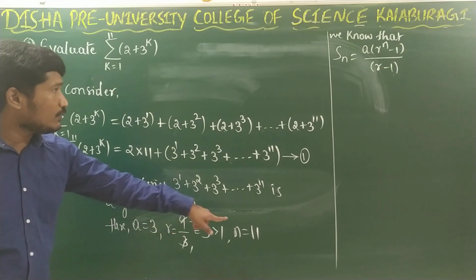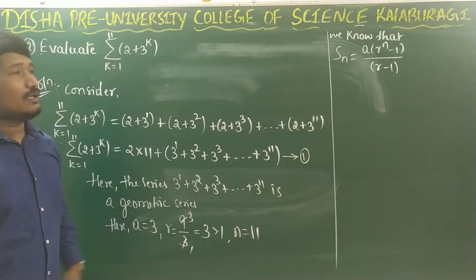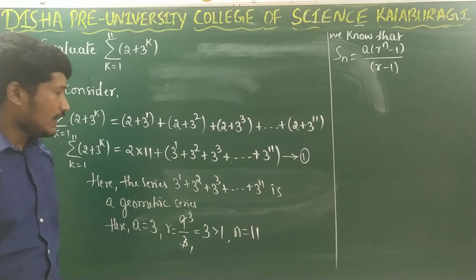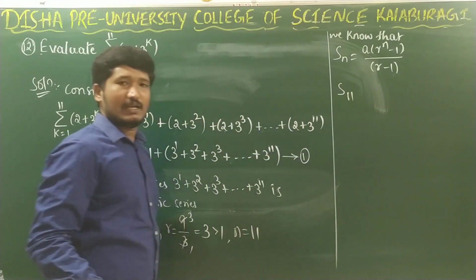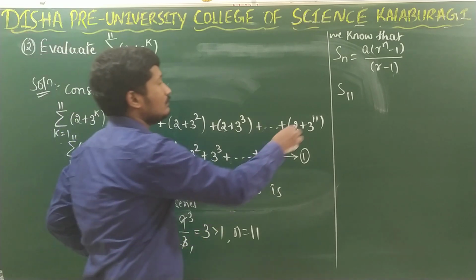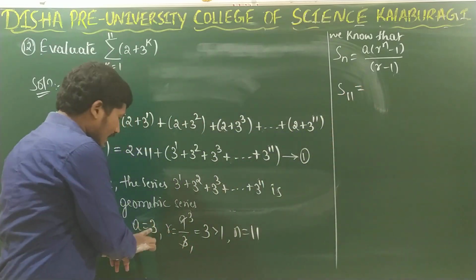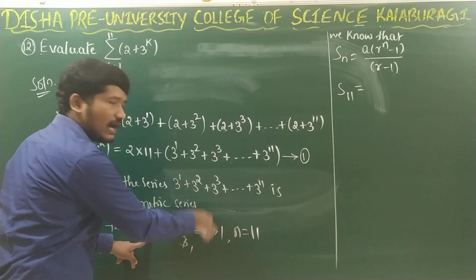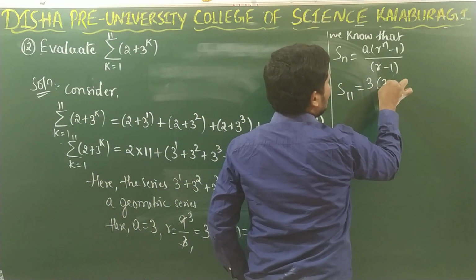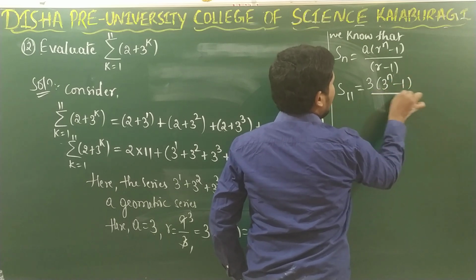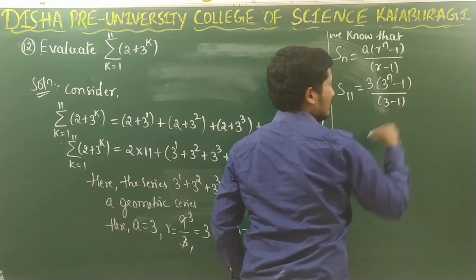So let us substitute all these three values in the formula of Sn, right? So what is the value for n? 11. So it becomes S11 is equal to, the value for A is 3, the value for R is also 3. So let us substitute that. 3 into 3 power n minus 1 divided by 3 minus 1.